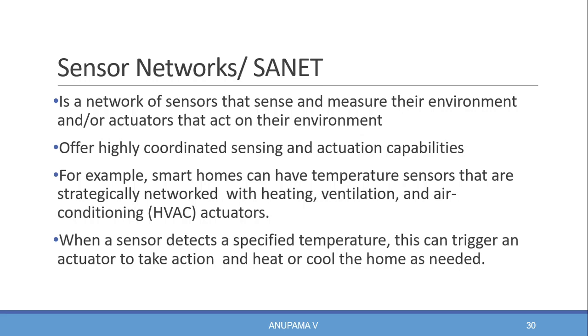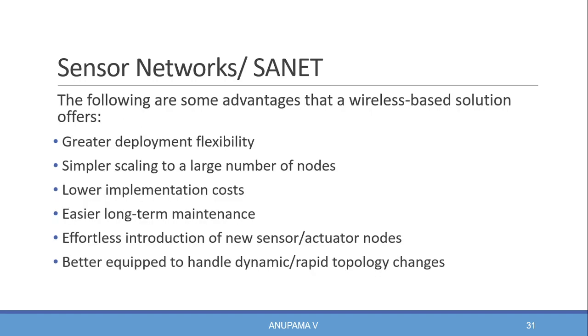SANET can be connected in a wired or wireless fashion. The advantages of wireless based solutions for SANET are they provide greater deployment flexibility, they provide simple scaling to a large number of nodes, they require lower implementation cost, it is easier long term maintenance, effortless introduction of new sensor and actuator nodes in the wireless based solution, better equipped to handle dynamic and rapid topology changes.